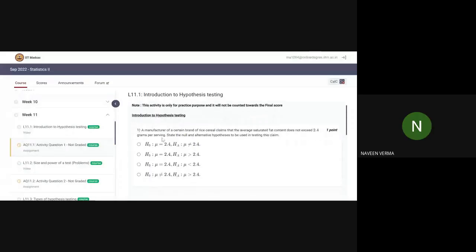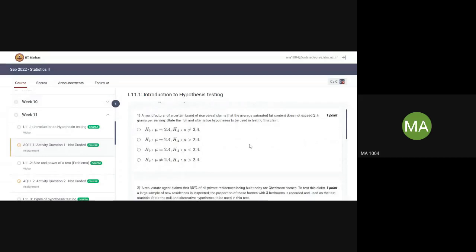Okay, so what does the first question say? A manufacturer of a certain brand of rice cereal claims that the average saturated fat does not exceed 2.4 grams per serving. State the null and alternative hypothesis to be used in testing this claim.